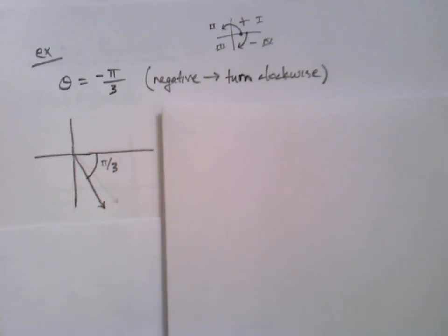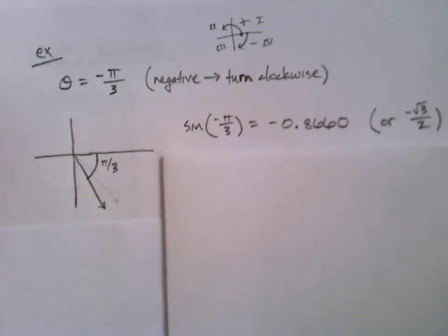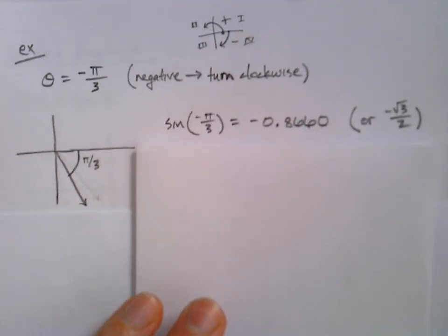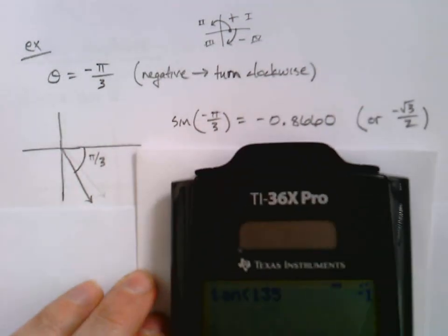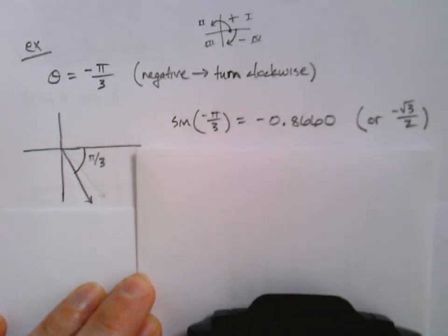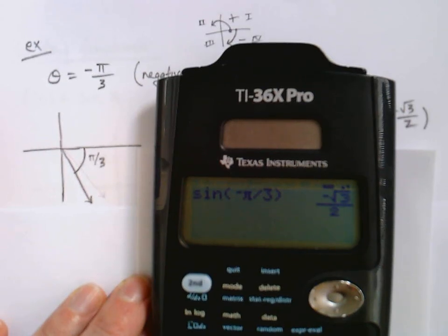Okay, well, let's check it out. Let's take the sine of negative pi over 3. Again, grab a calculator, and this time be sure you're in radian mode. Hopefully you've got a pi button in your calculator; you can just type that pi right in there.